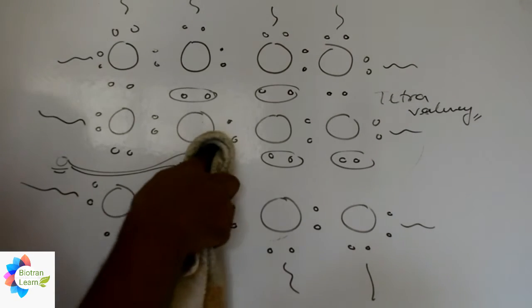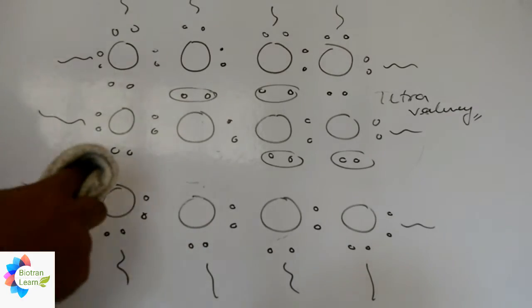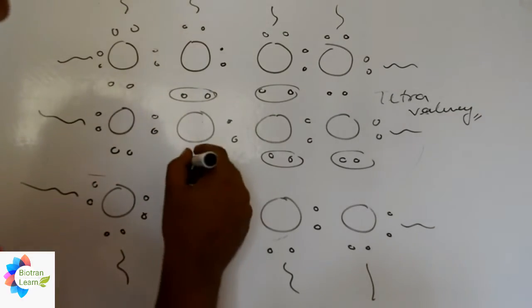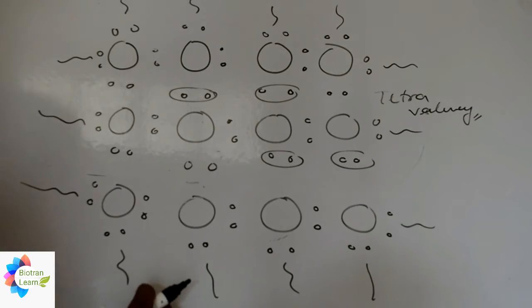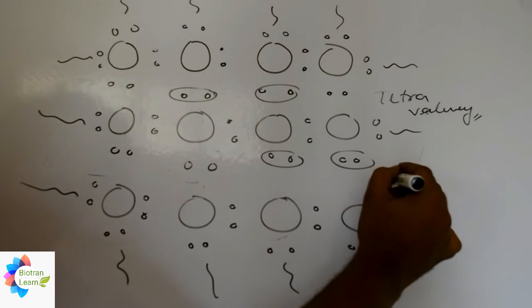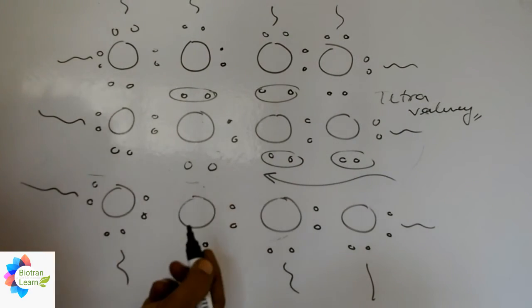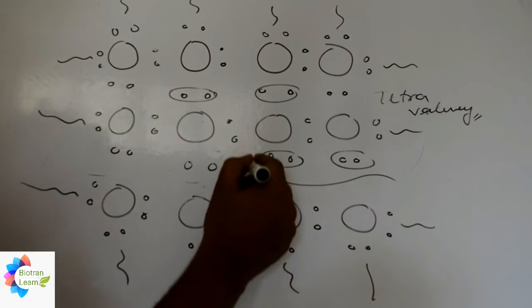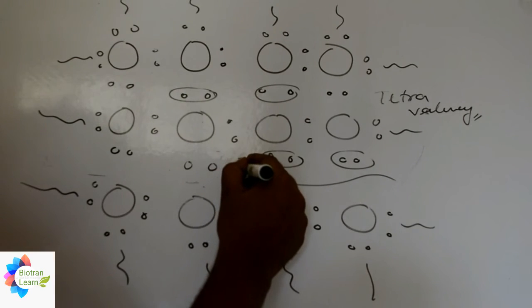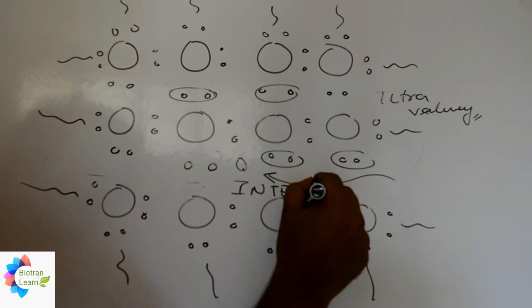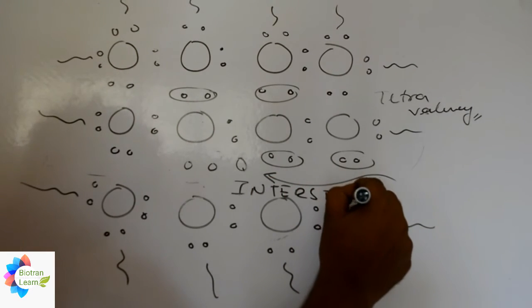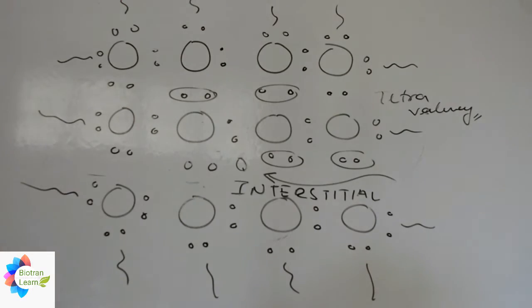Now let's move to doping. Suppose this was our original structure, right? Now if I am introducing another electron, where will it locate itself? In this interstitial space, right?